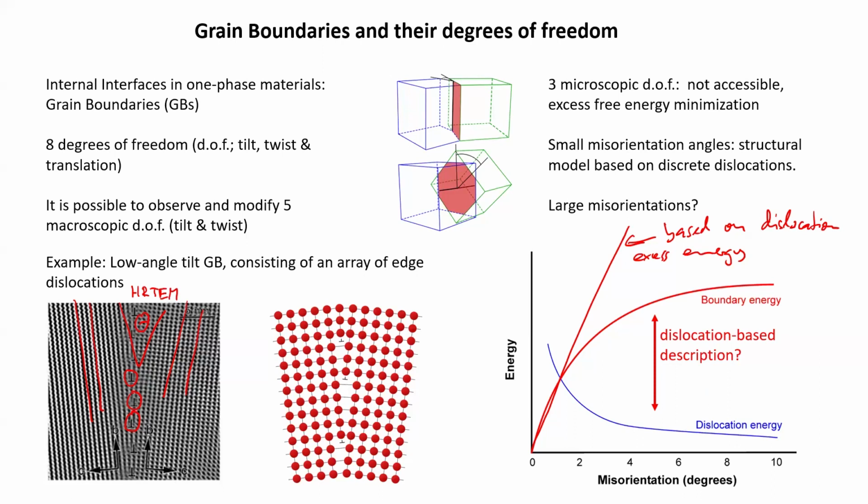So for the typical grain boundaries which we see in a polycrystalline material, which we can identify by microscopy, it's mostly the high angle grain boundaries, and they are actually not covered by this dislocation-based description because dislocations would come too close.